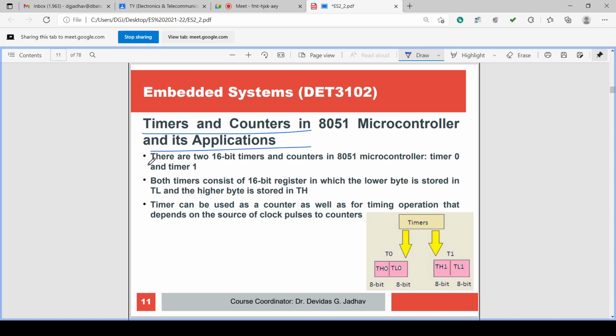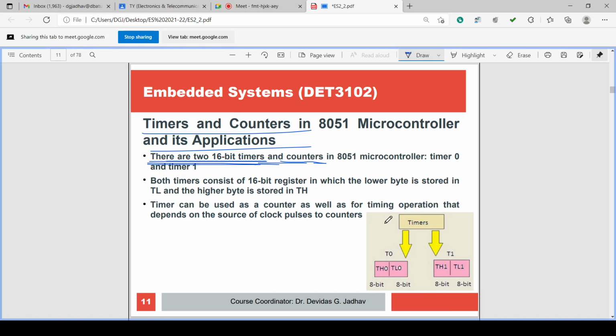In the 8051 there are two 16-bit timers, timer 1 and timer 0, both 16-bit, each made of two 8-bit registers. They are timers and also counters. The same register can be used for timer or for counting.